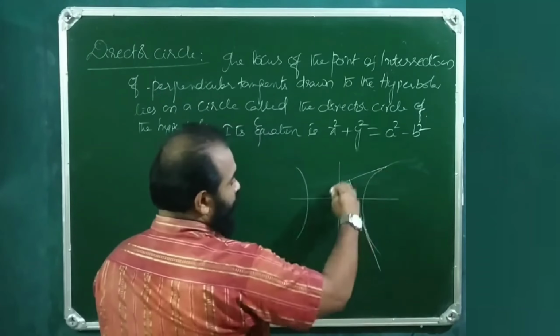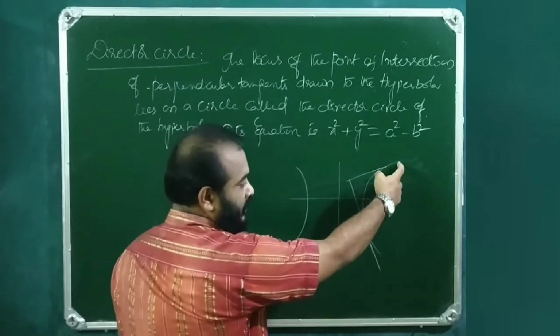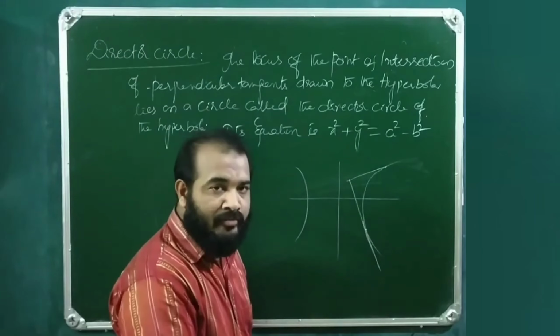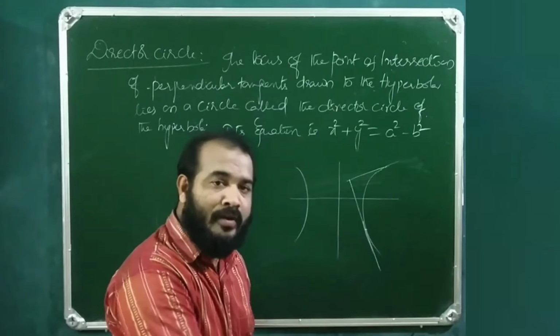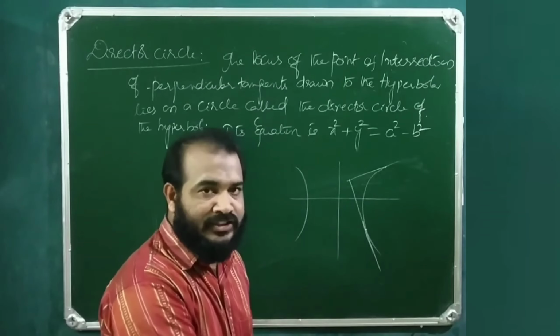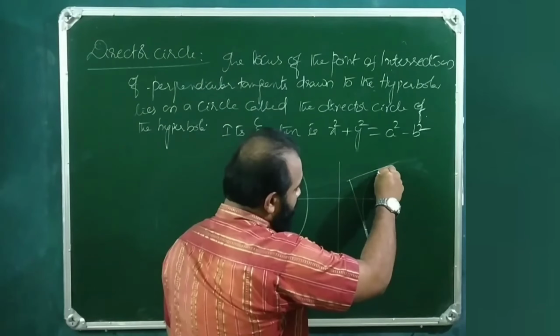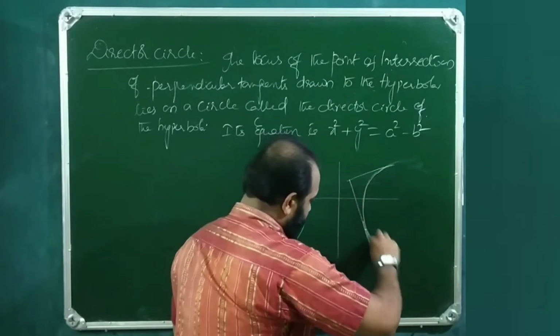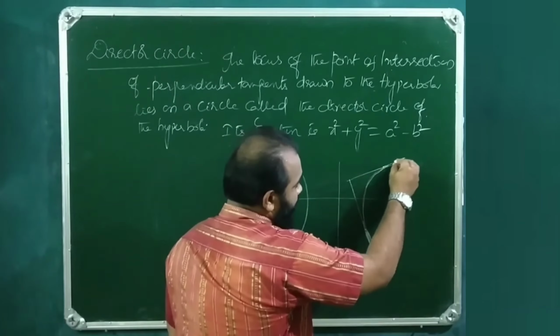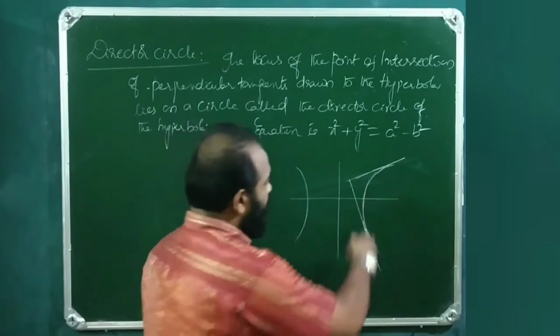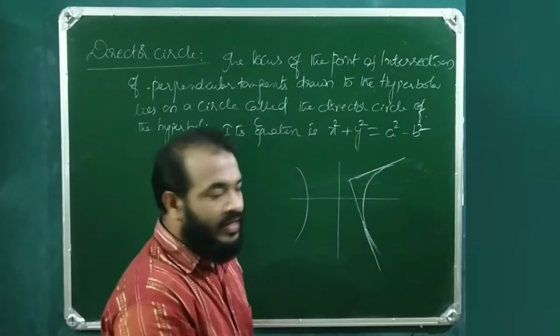Both are tangents. What is the tangent? The line which touches the hyperbola at one point is said to be the tangent. So, this line is a tangent to the hyperbola at this point.